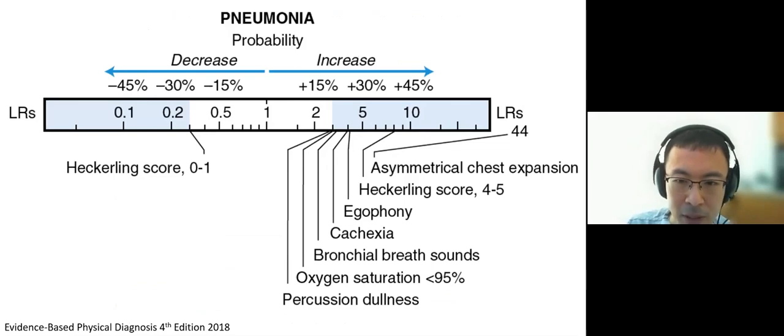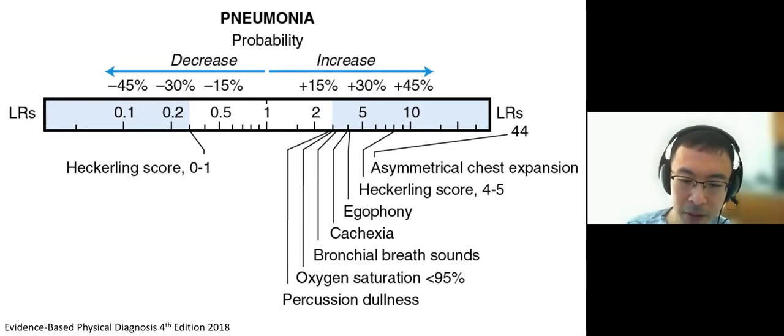So sometimes the likelihood ratio is a bit difficult to understand. So this is another way to look at it. If the positive likelihood ratio is higher, that means it raises the probability of having the disease even more so. So for example, if you have a Heckerling score of 4 or 5, then the probability of pneumonia increases by around 40%.